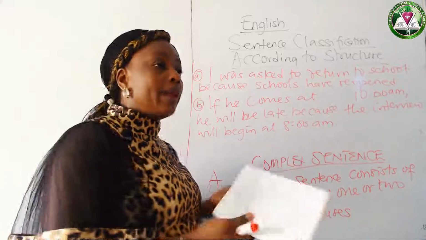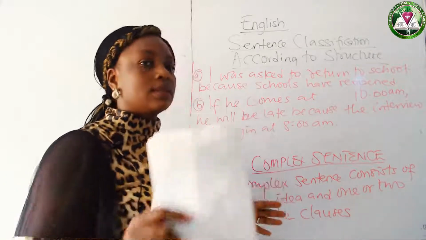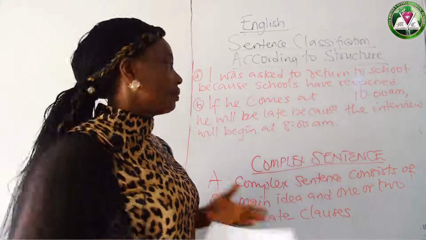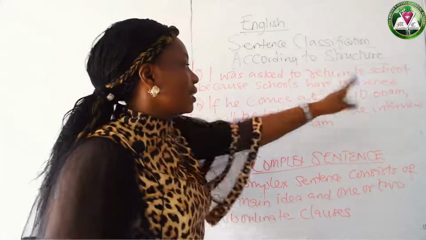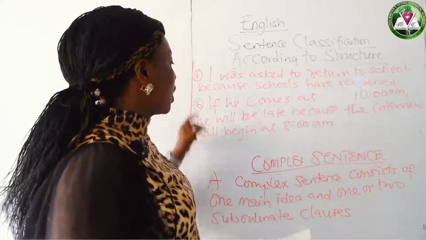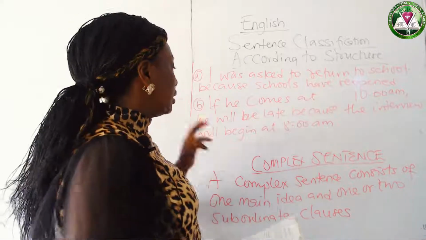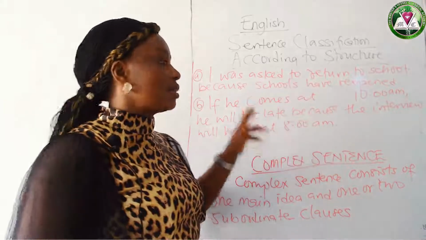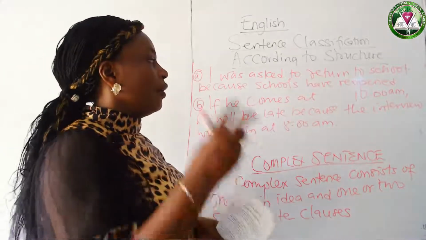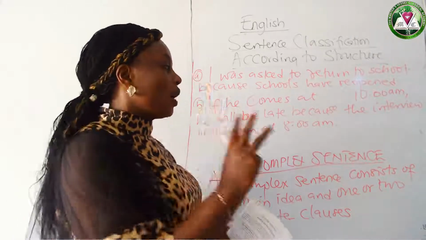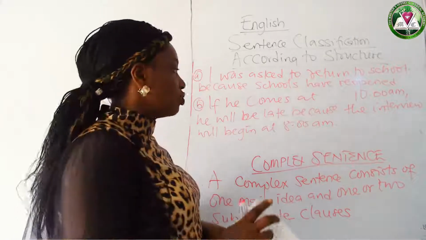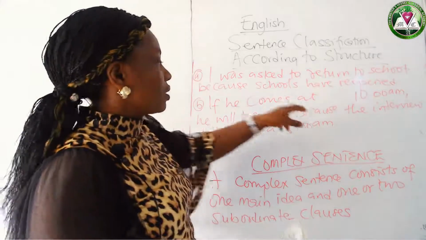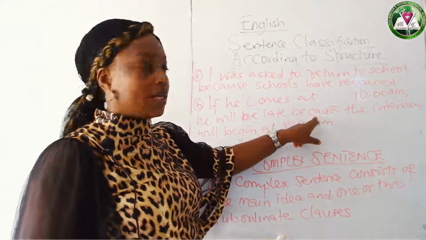When I say one main idea or one main clause, I'm still saying the same thing. So here, if he comes by 10 a.m., that's a subordinate clause. He will be late, that's a main clause. Because the interview will begin at 8 a.m., that's a subordinate clause. So here we have three ideas. One is a main clause. Two are subordinate clauses. We have our subordinating conjunction that we use to join it.